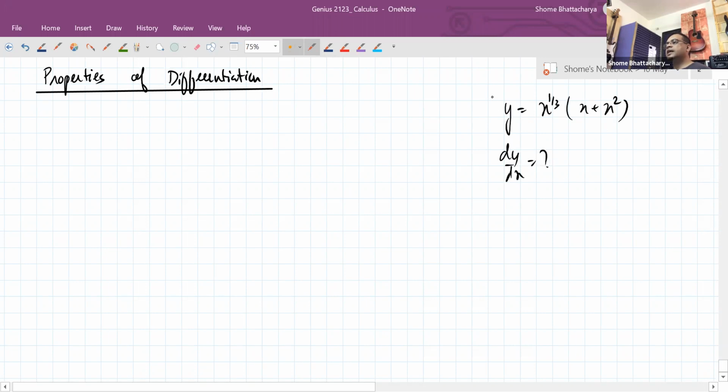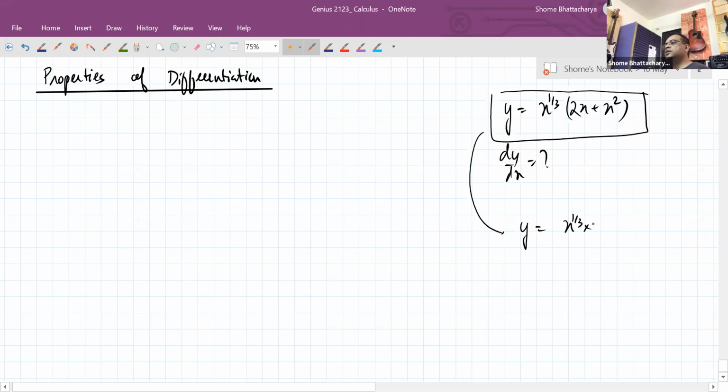Okay, but here we can actually differentiate this by simplifying it. We don't need to use any additional property. Suppose this is 2x. We can just say that y is equal to x to the power 1/3 into 2x plus x to the power 1/3 into x square. So we can just make it 2x to the power 4/3, correct, plus x to the power 7/3.